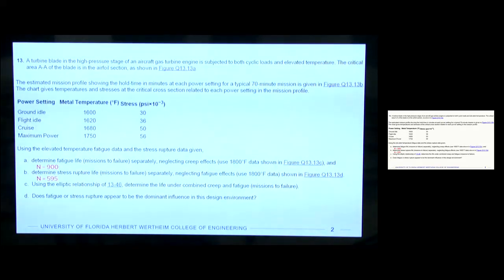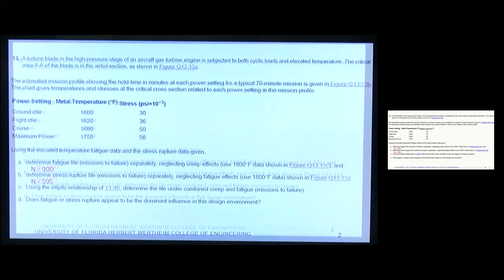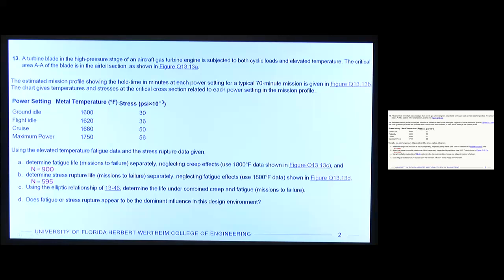We were tasked with first determining the fatigue life, not considering any creep. We used the techniques from chapter 7 and chapter 8 to do that, and we got 900 missions. Then we switched to thinking about creep only, outside of fatigue.